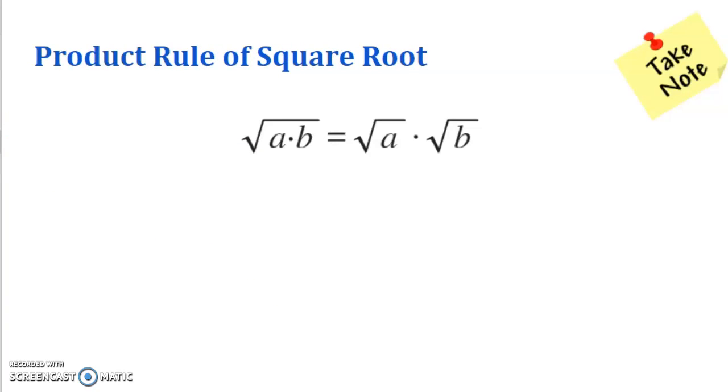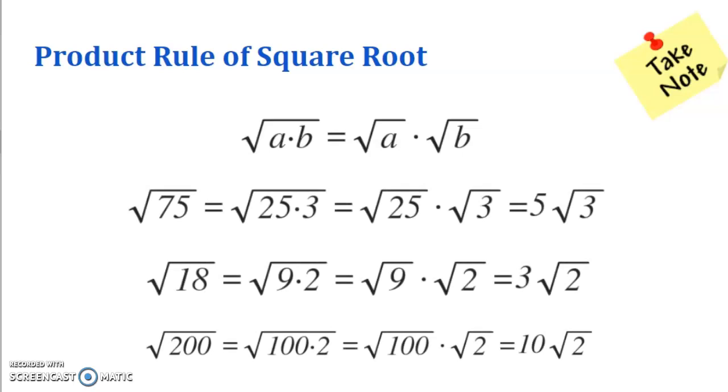I use the product rule of square roots. So you're taking notes on this, which says square root of a times b is the same as square root of a times square root of b. So that means if I have square root of 75, I can break that up as 25 multiplied by 3, because 25 times 3 is 75.